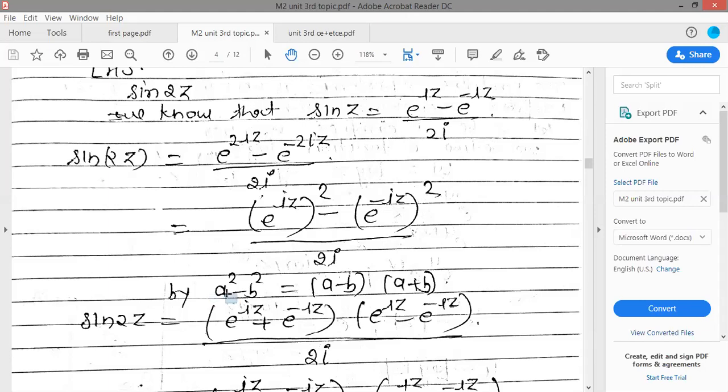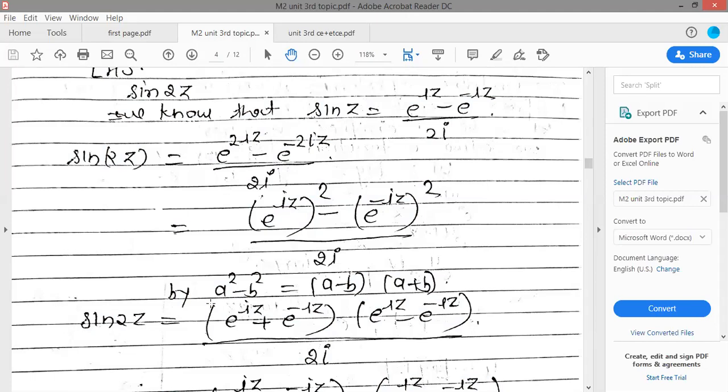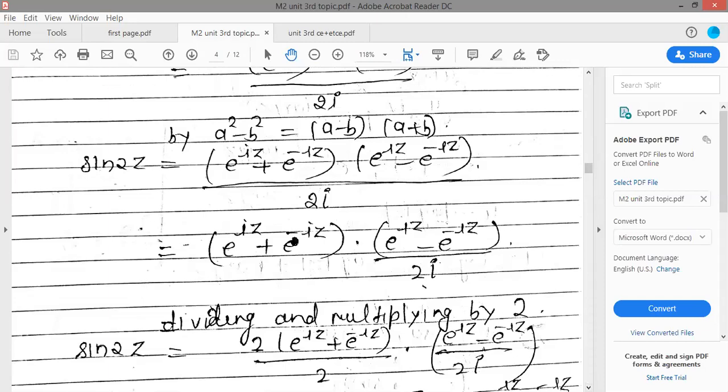Now by using a squared minus b squared is equal to (a minus b)(a plus b), with a as e to the power iz and b as e to the power minus iz, we get (e to the power iz plus e to the power minus iz)(e to the power iz minus e to the power minus iz).